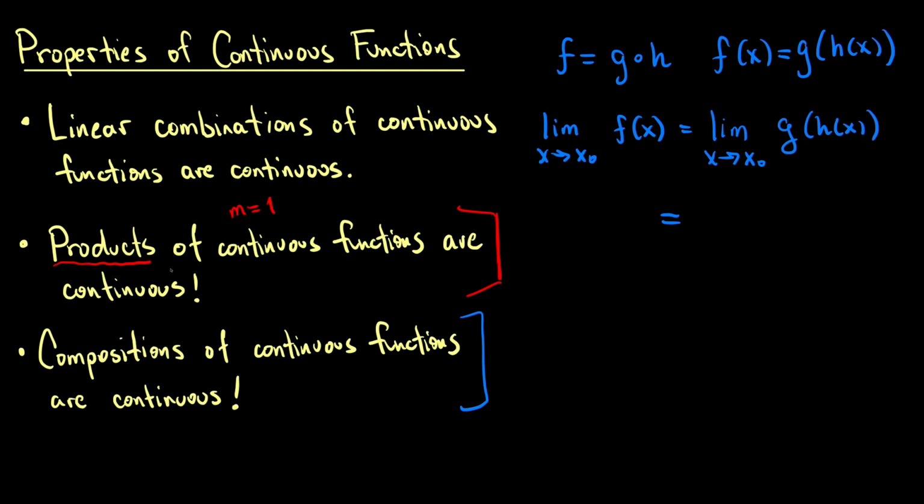So I'm going to notice that this thing goes to h of x naught. So if I had any sequence xk, then h of xk would go to h of x naught. But that would then mean that the whole thing, since g is continuous, goes to g of h of x naught. So this thing has to be equal to g of h of x naught, which is, of course, f of x naught. Okay, so f is continuous.